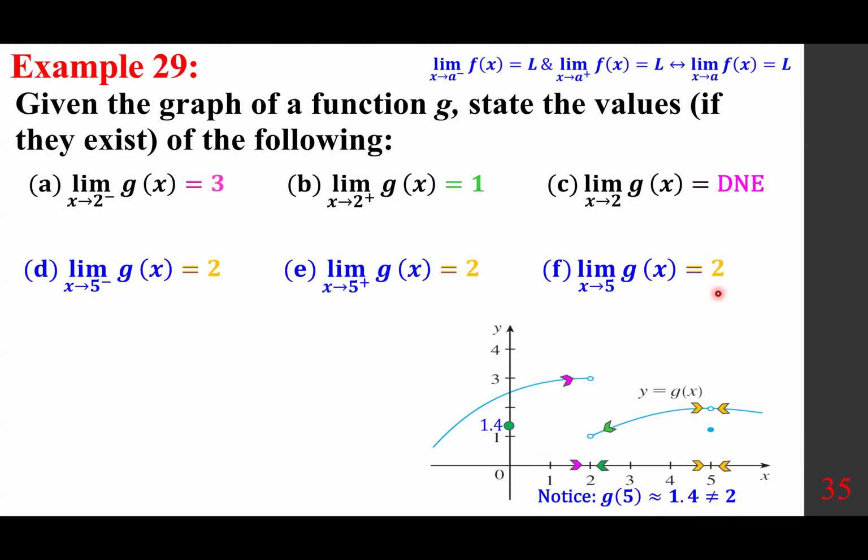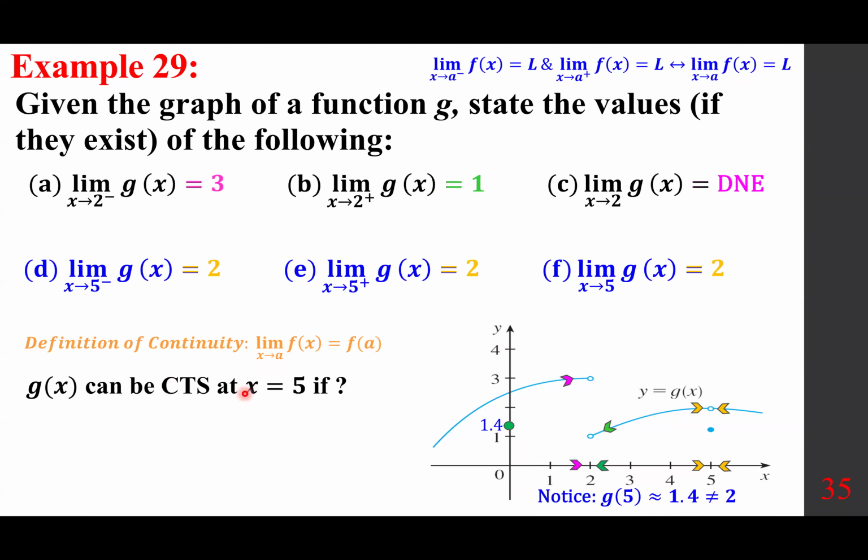So g is discontinuous at 5. However, it is fixable. Remember the definition of continuity, again: the limit of f of x as x approaches a equals f of a. G of x can be continuous at x equals 5 if we redefine the functional value and make it equal to the limit. So g of 5 equals 2.